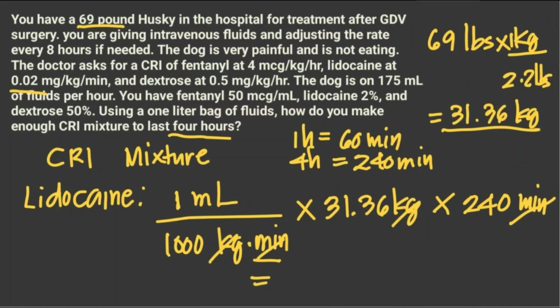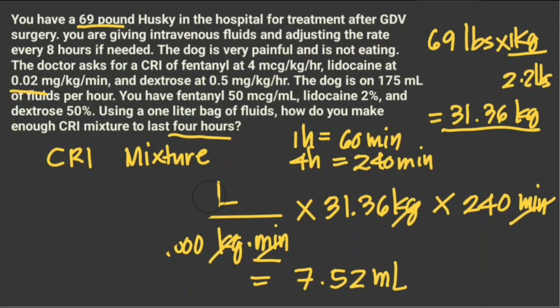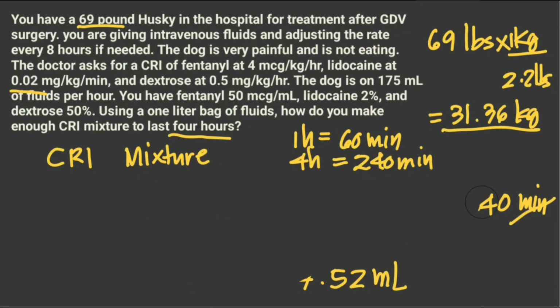That will be 31.36 times 240 divided by 1000, which is 7.52 ml of lidocaine.